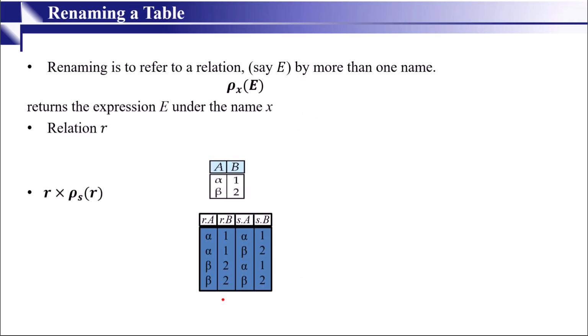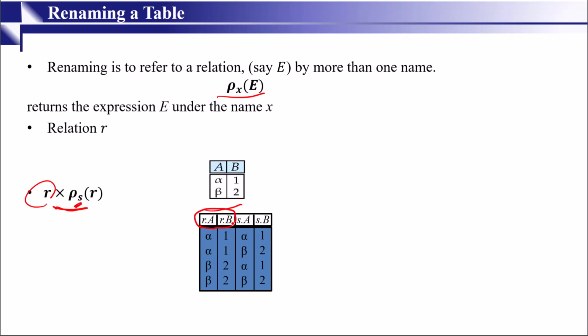The rename operation we show by rho sub x of E, assigning a new name x to a relation E, right? We have a relation R here and we want to rename it, right? So we say R Cartesian product of a copy of it, but with the new name S. So you can see here RA, RB, this is the previous one.